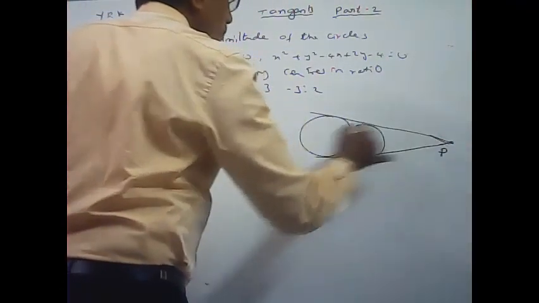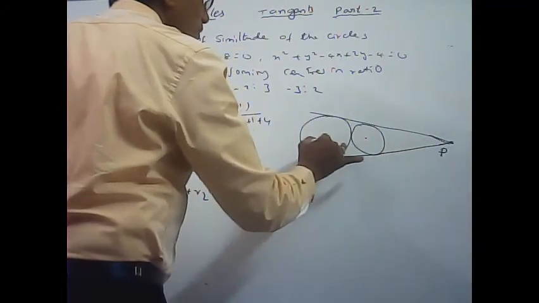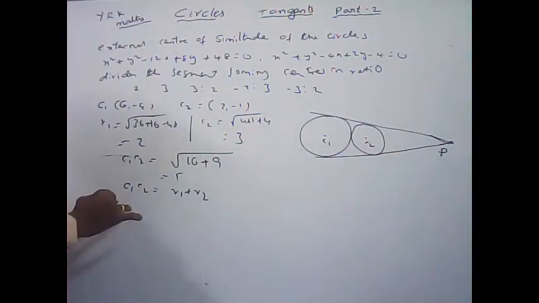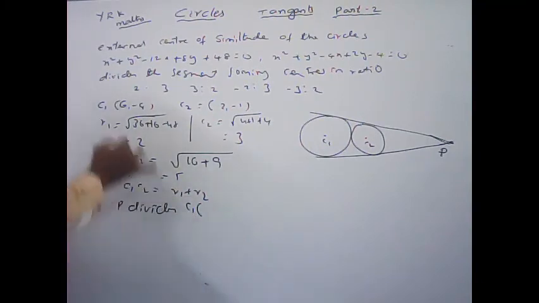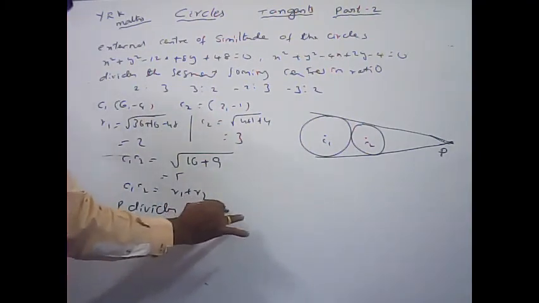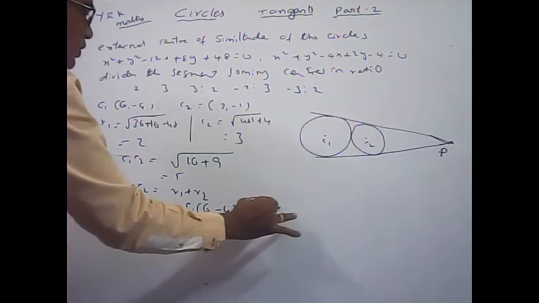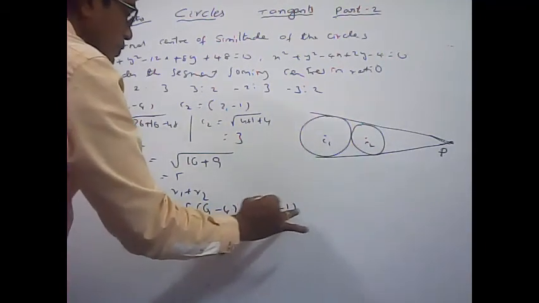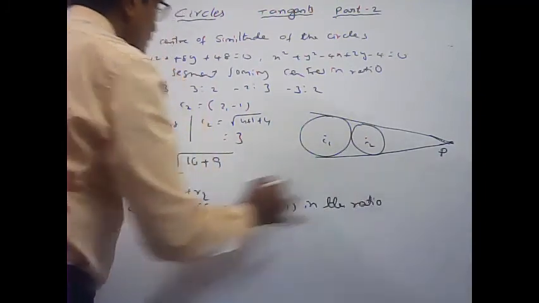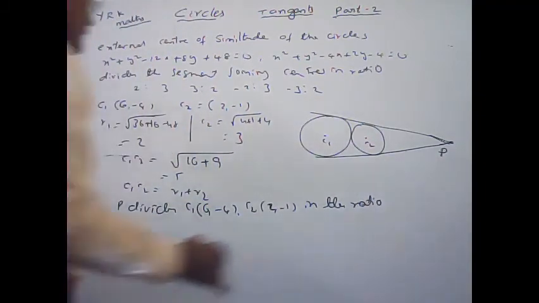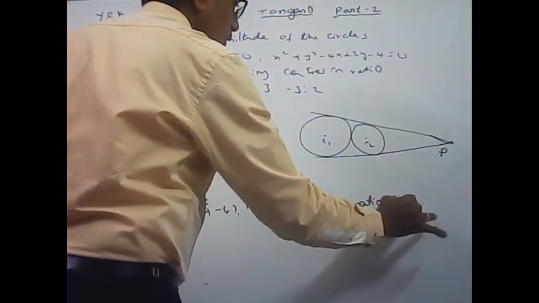This one I am taking as P. So here P divides C1(6, -4) and C2(2, -1) in the ratio 2:3 externally.